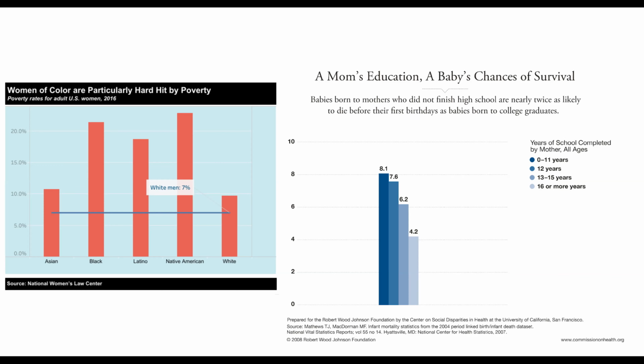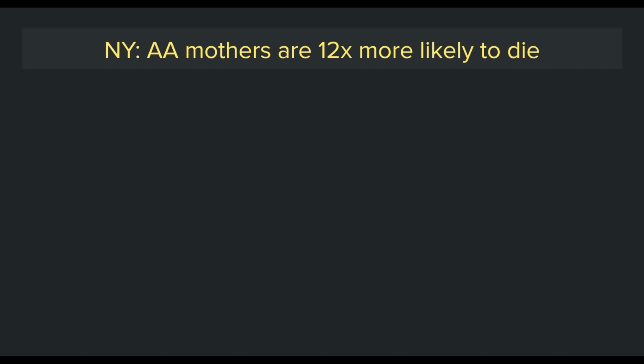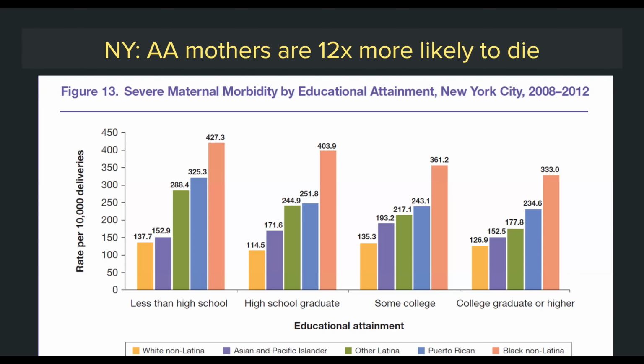And while it is true that Black women are hit particularly hard by socioeconomic disadvantage, and while it is true that in general education decreases infant mortality rates, when you look at the whole population, you still see racial health inequities, no matter what the income, no matter what the educational status.